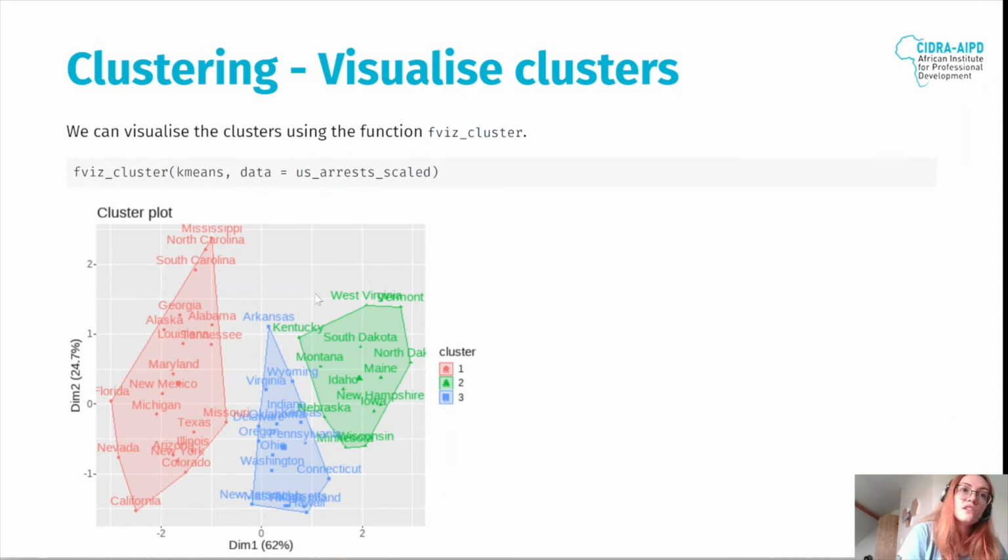So we can see here that cluster 1 has California, Nevada, Colorado, New York, Texas, which seem like big places, right? California, New York, they're pretty big places, but it also has Alaska, so it's not necessarily related to the population density.